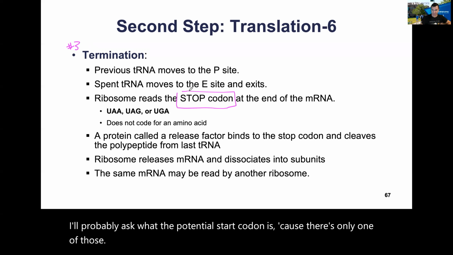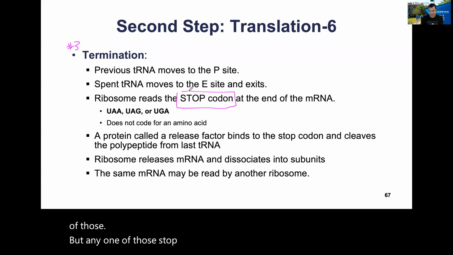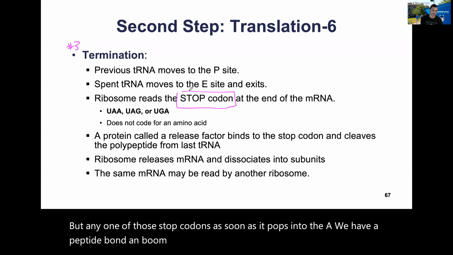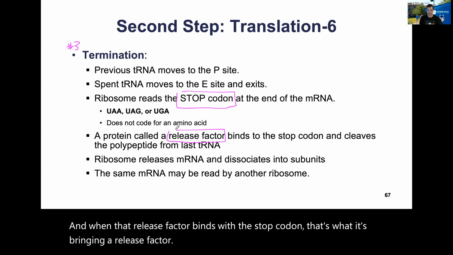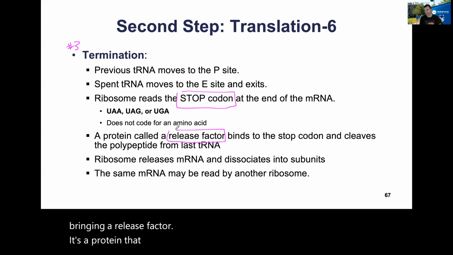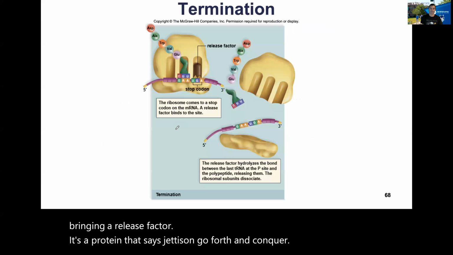But any one of those stop codons, as soon as it pops into the A, we have a peptide bond and boom, it stops. It basically is coding for a release factor. When that release factor binds with the stop codon, it's a protein that says, jettison, go forth, and conquer. So here's that stop codon.